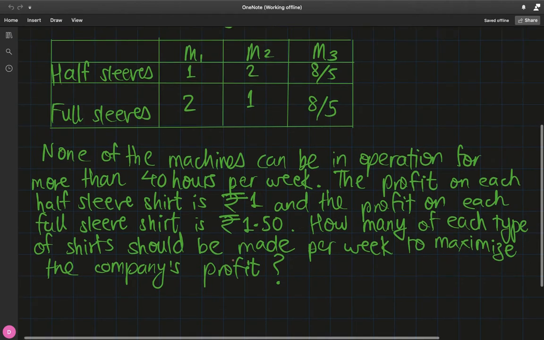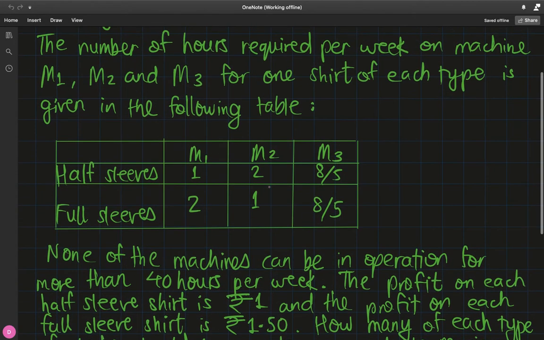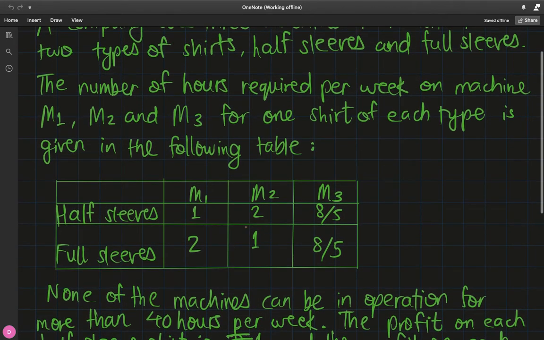So now what we're going to do is look at this table and define our variables. On the 3 machines, what 2 quantities are common? That's right, the number of full sleeve shirts and the number of half sleeve shirts, right?